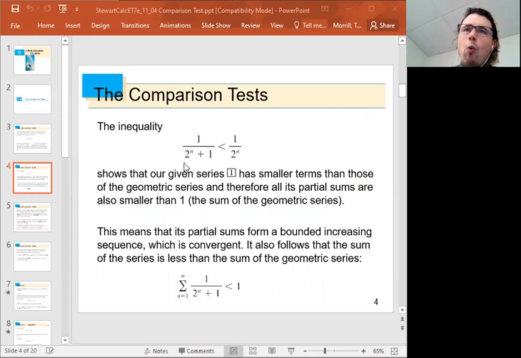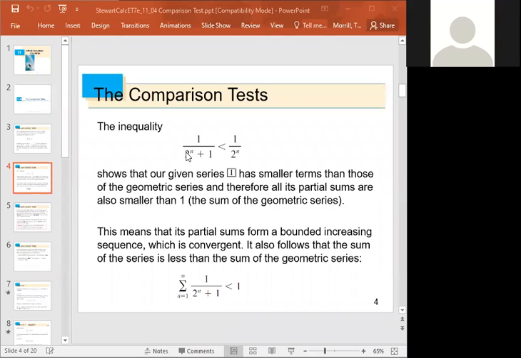So the series that I want consists of a list of numbers. Each number on the list is less than something from the list of numbers for a geometric series. And I know that that geometric series converges, so it stands to reason that this other thing that I've got converges as well.